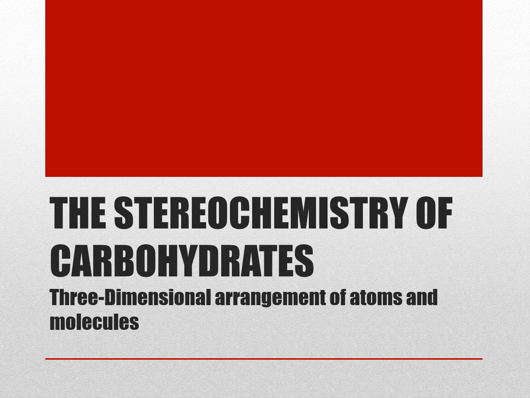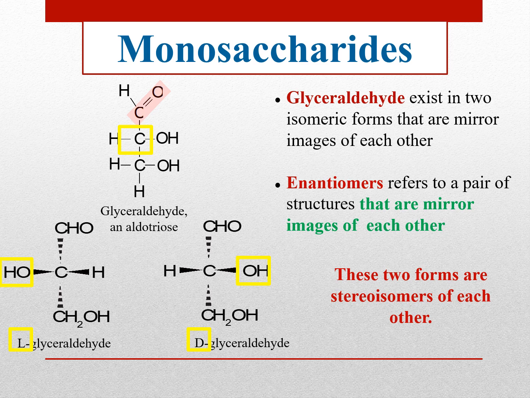In the next few slides, we look at this in a deeper sense of chemistry. This is called stereochemistry of carbohydrate. So let's look at the following slide. This is on monosaccharide, where the aldotriose, I already referred to you what is the meaning of it.